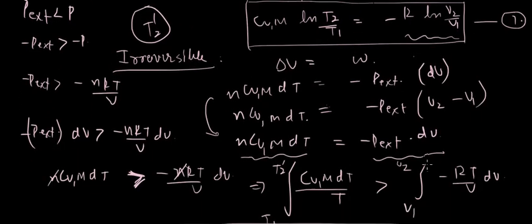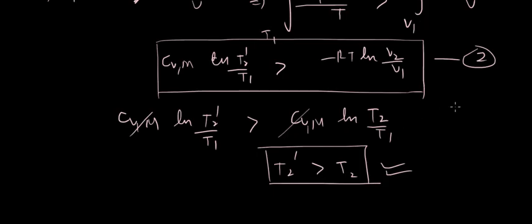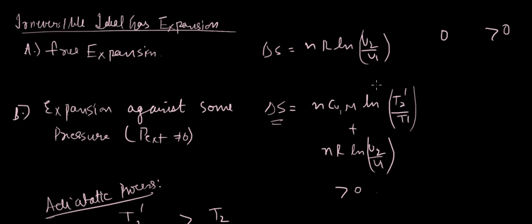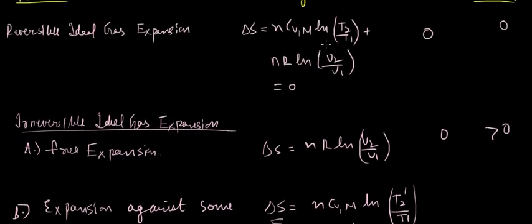So what does this imply? As T2 dash is greater than T2, look at this term, delta S equals n Cv,m ln T2 dash upon T1 plus nR ln V2 upon V1. We want to know how this term is greater than 0. From the reversible case, nR ln V2 upon V1 plus n Cv,m ln T2 upon T1 is equal to 0. So nR ln V2 upon V1 can be written as minus n Cv,m ln T2 upon T1.